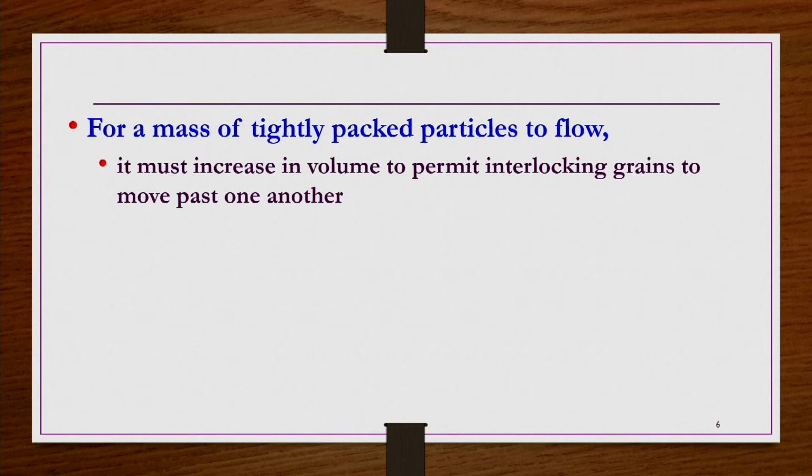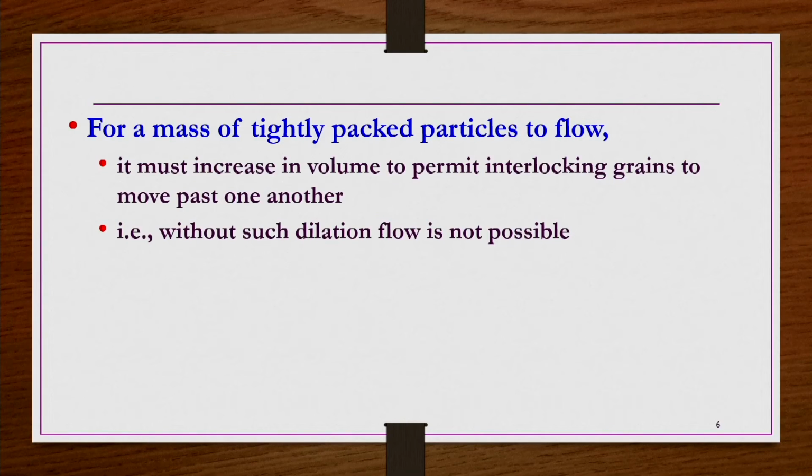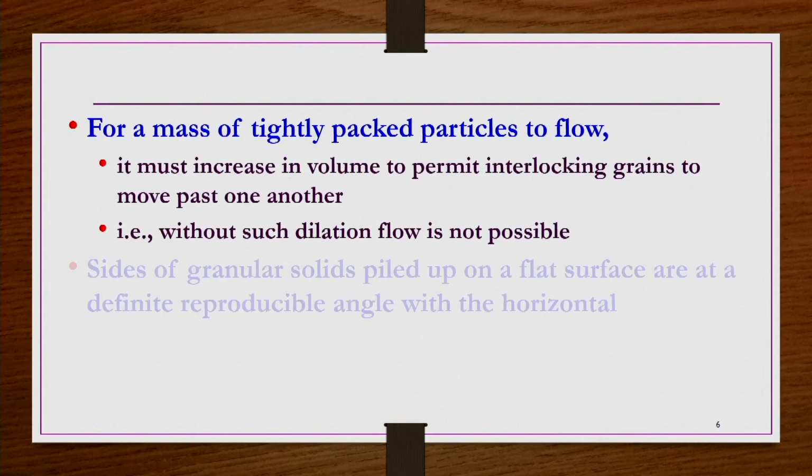When you are packing tightly, there is stronger interlocking between the particles, and then they may not flow comfortably. So you have to increase the volume of that material so that the interlocking can be relaxed, and then the particles may slightly move over one another and flow comfortably. That is the dilation you have to generate. Without such dilation, flow is not possible. That is what it means.